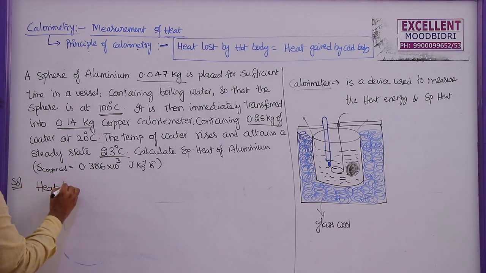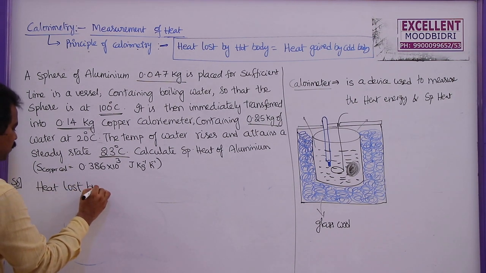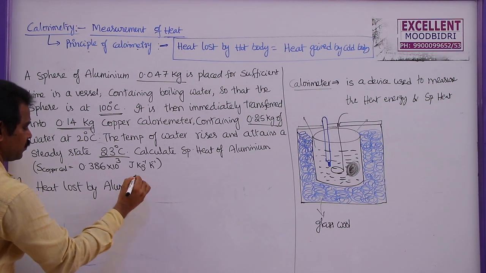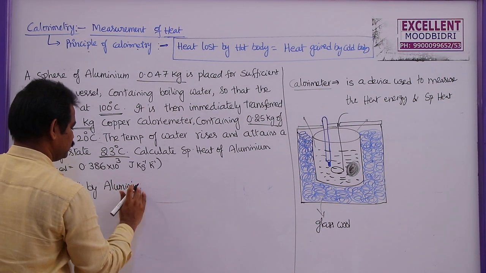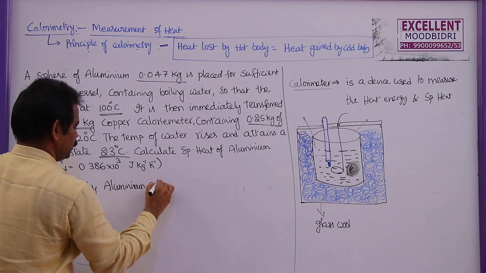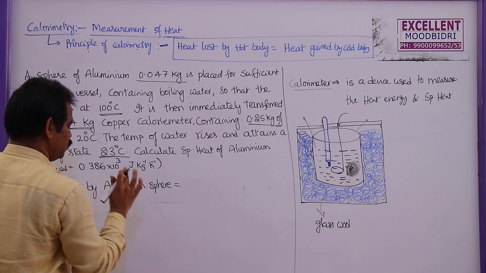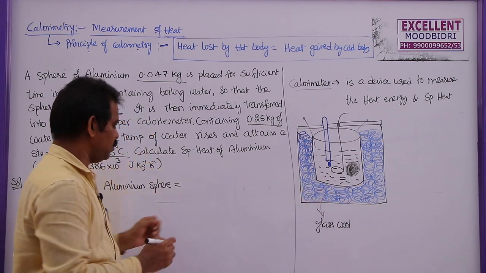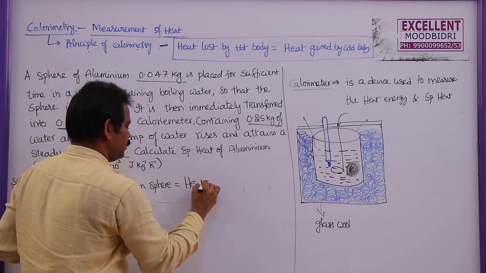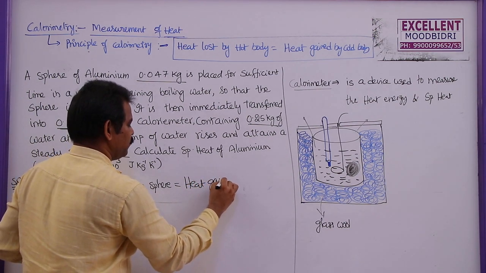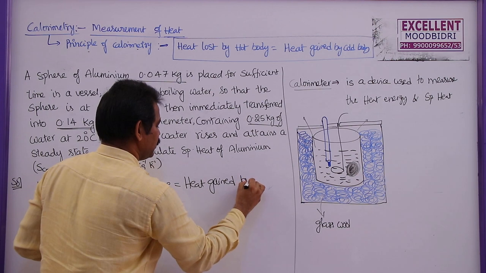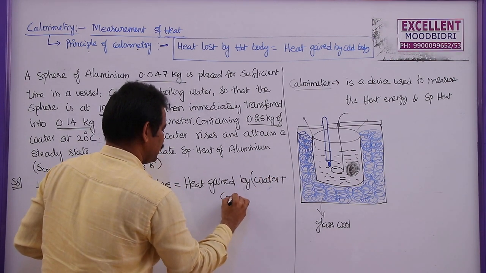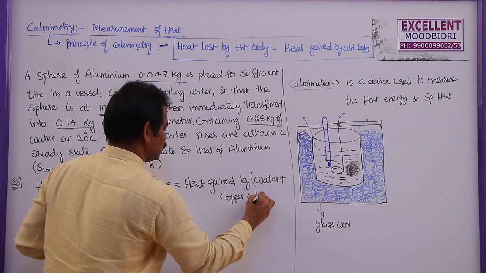In this case, heat lost by aluminum sphere is equal to heat gained by water plus copper calorimeter. Here heat will be gained by two different materials, heat gained by water plus copper calorimeter.